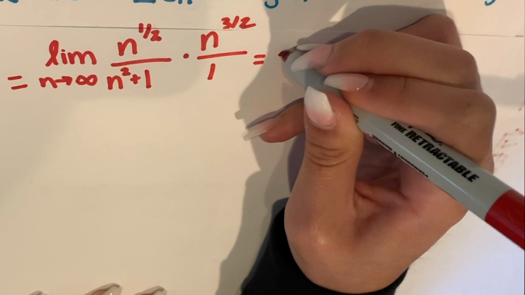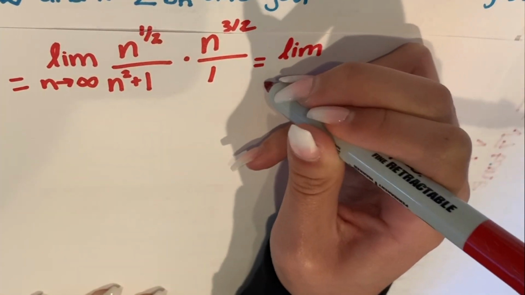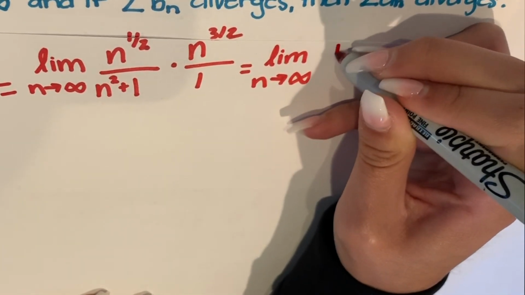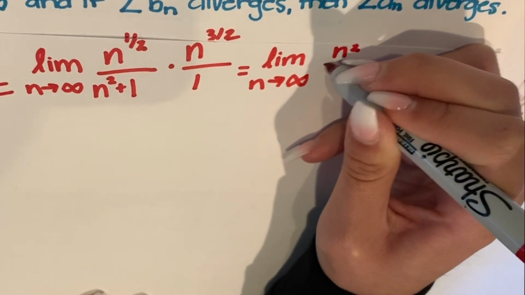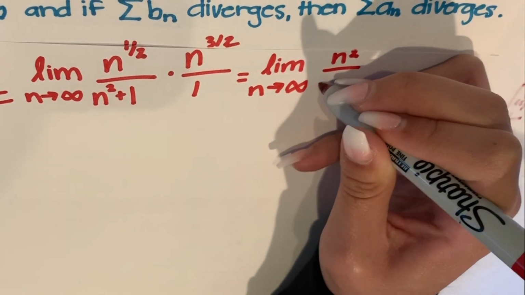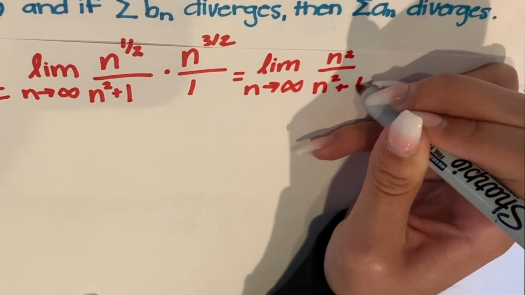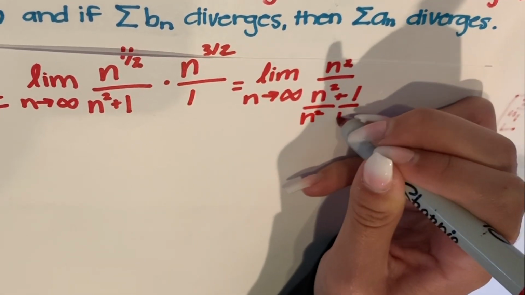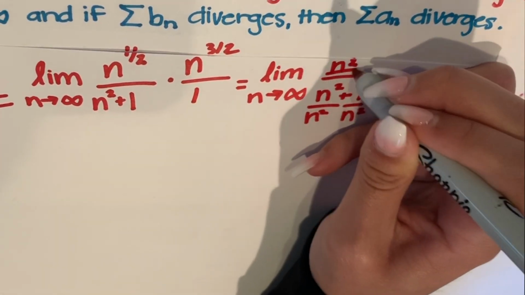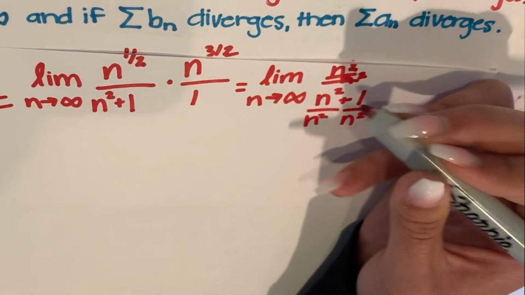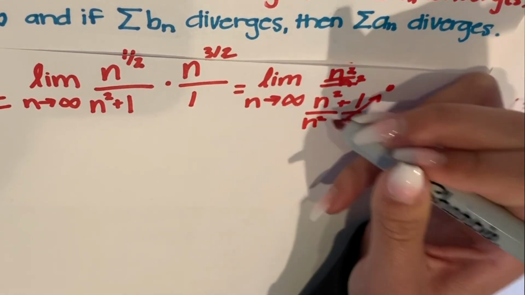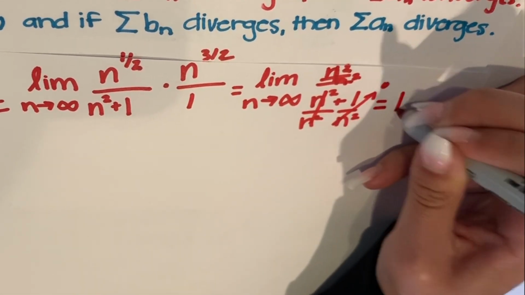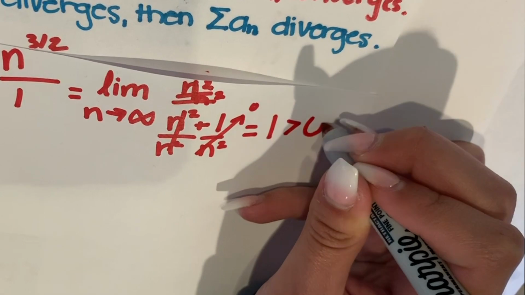So now that it's rewritten, we are going to be taking the limit as n approaches infinity of n squared over n squared plus 1. We are going to be dividing each term by the highest exponential term. So now I'm going to be dividing each term by n squared. We know that 1 over n squared approaches 0, and n squared over n squared is 1. So the limit as n approaches infinity equals 1, which is greater than 0.